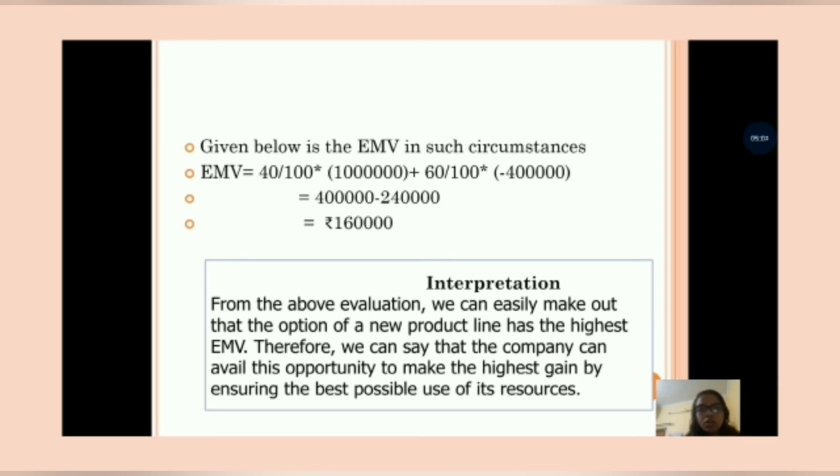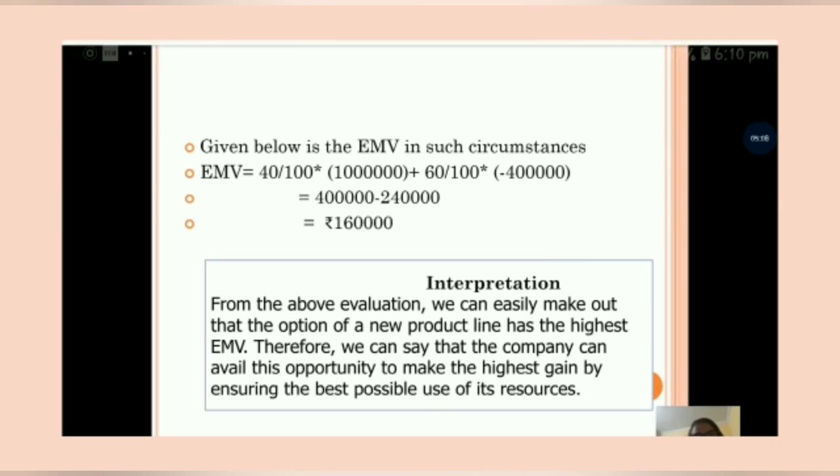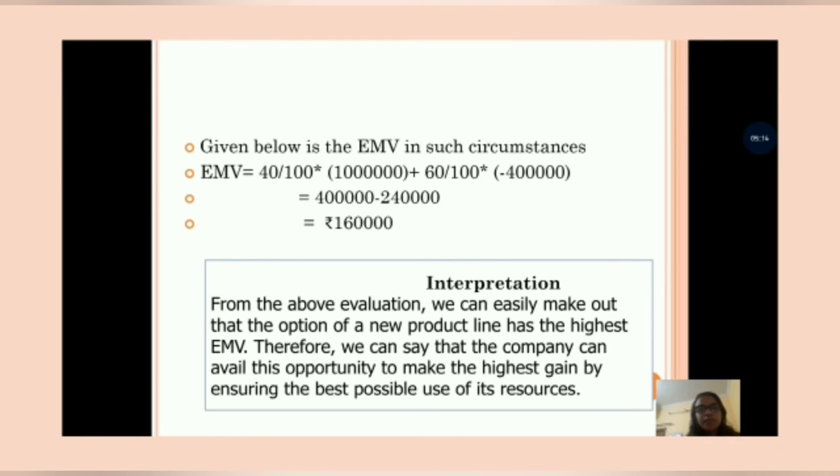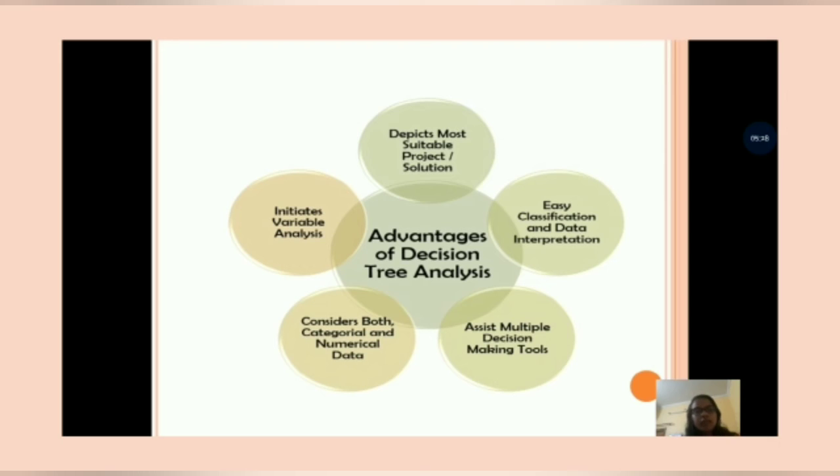So the company can avail this opportunity to make the highest gain by ensuring the best possible use of its resources. So the best decision for the company is option A. Further will be continued by Sakshi Singh.